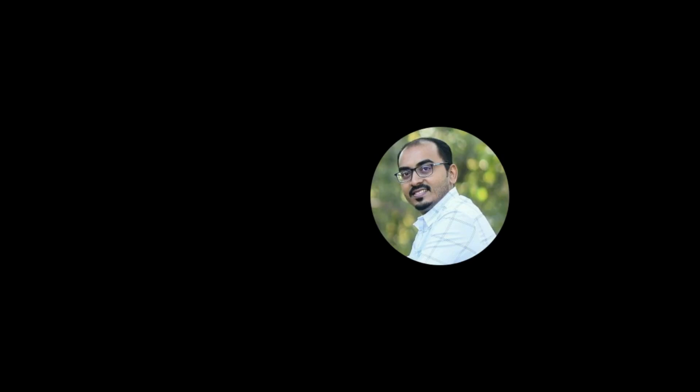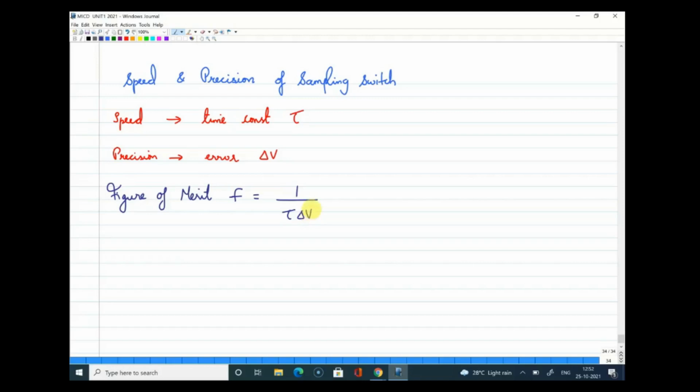Now, the figure of merit for a sampling switch is defined as F, the product of the reciprocals of speed and precision, which is 1 by tau into delta V. So we have a figure of merit defined as 1 by tau into delta V.